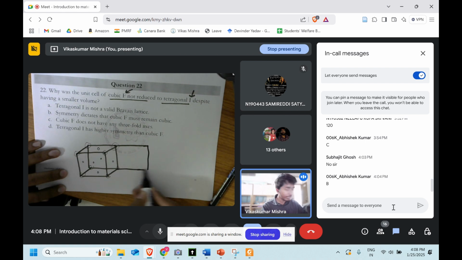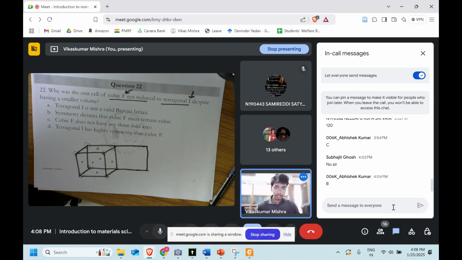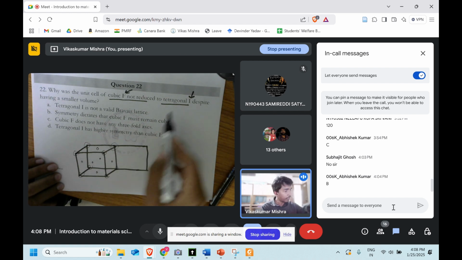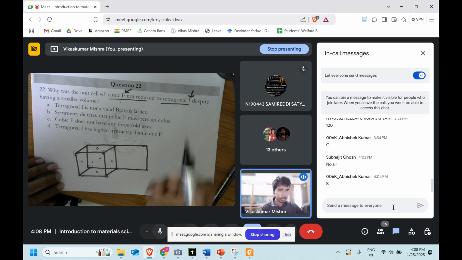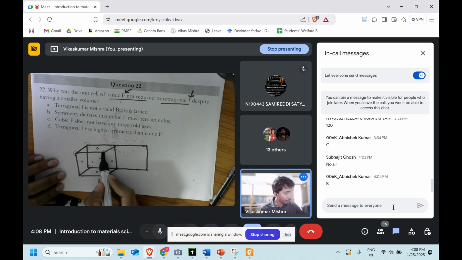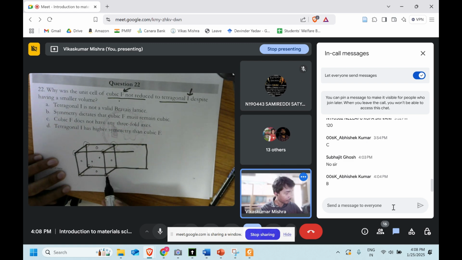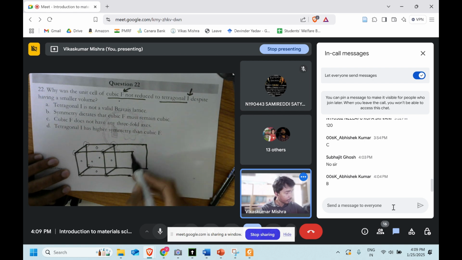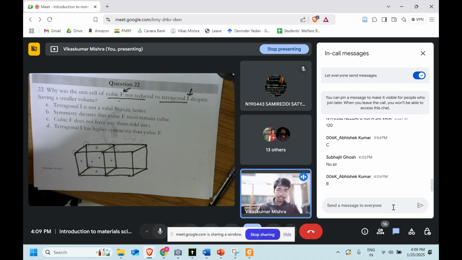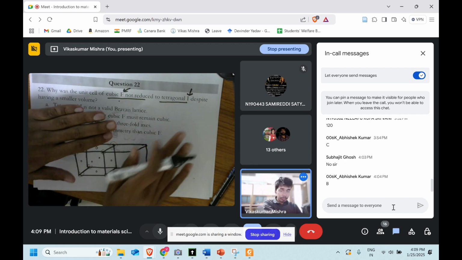Before I explain, can anyone tell what you think? Why is it not possible? Why is the cubic F not converted? See, the main reason, as I told, is based entirely on symmetry. So this is also based on symmetry. But first, let's understand the question before we answer.